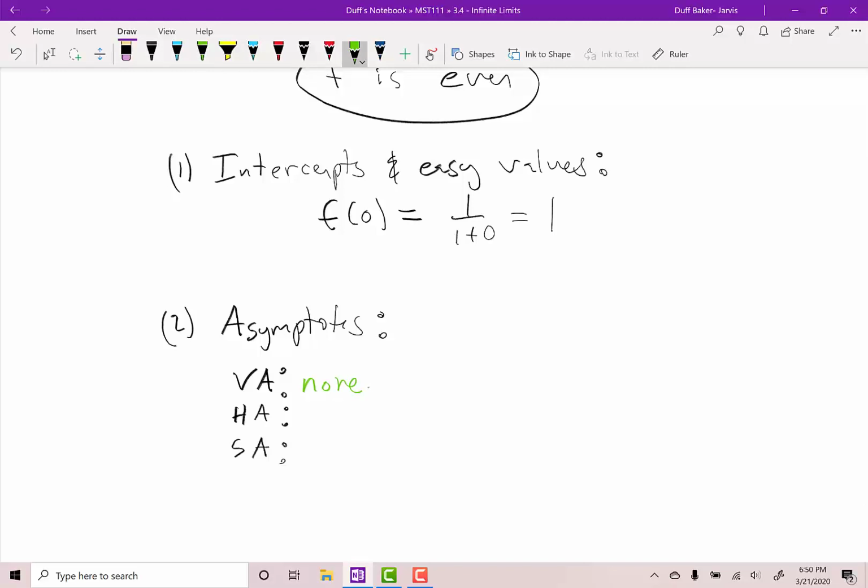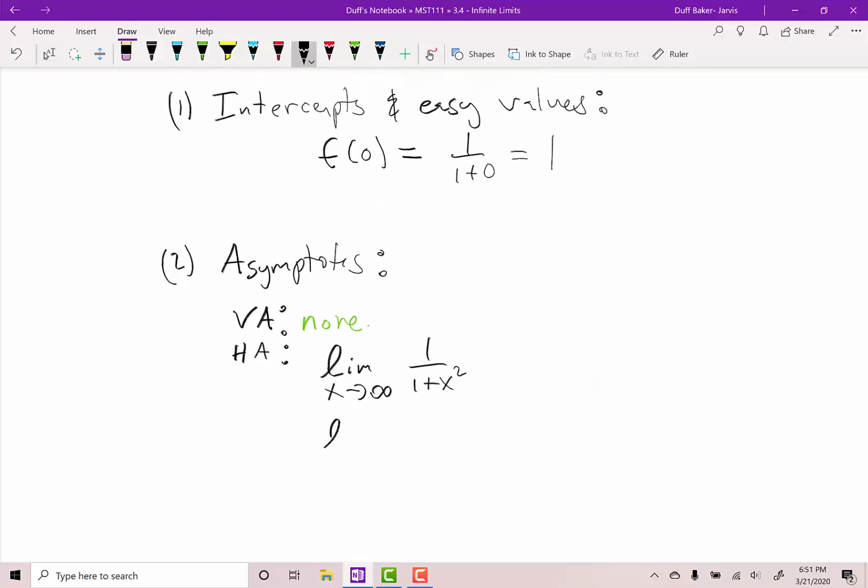For horizontal asymptotes, remember, the typical way we find that is we ask ourselves, what's the limit as x goes to infinity? And if we're being proper, we should also ask ourselves, because there could be up to 2 horizontal asymptotes, but never more, what's the limit at minus infinity?